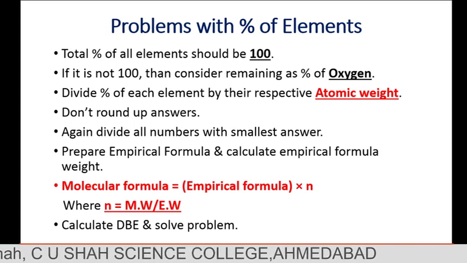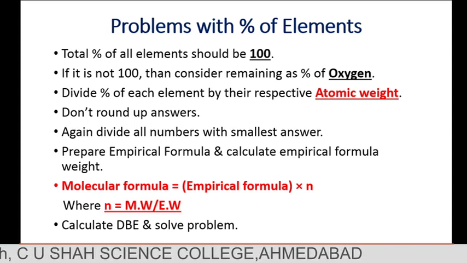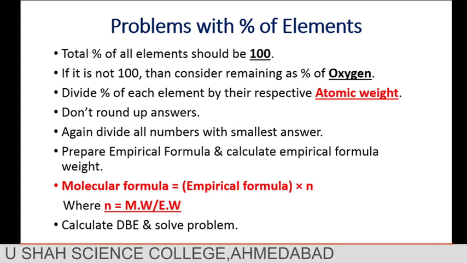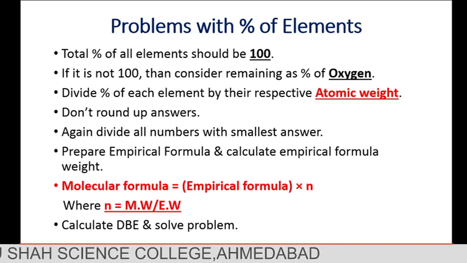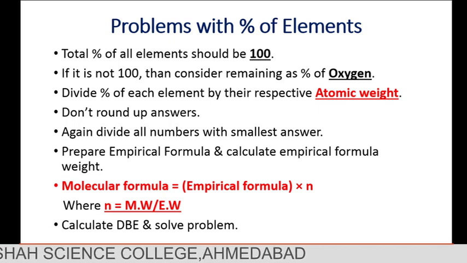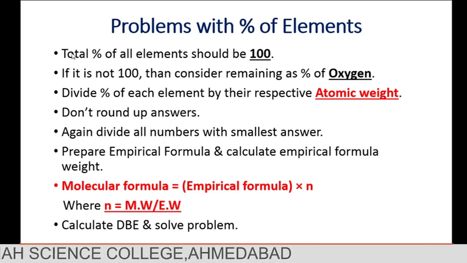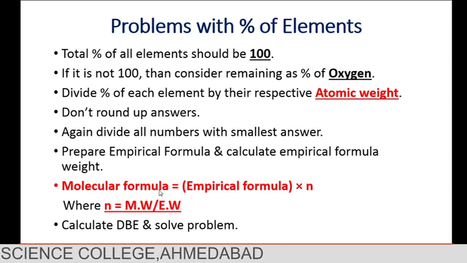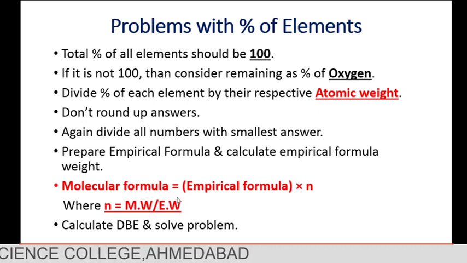From this, prepare the empirical formula, and from the empirical formula calculate the empirical formula weight. With this, one can calculate the molecular formula. The formula is: the empirical formula which you identify, multiplied by n.